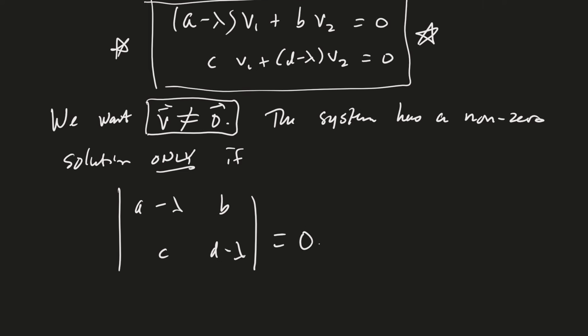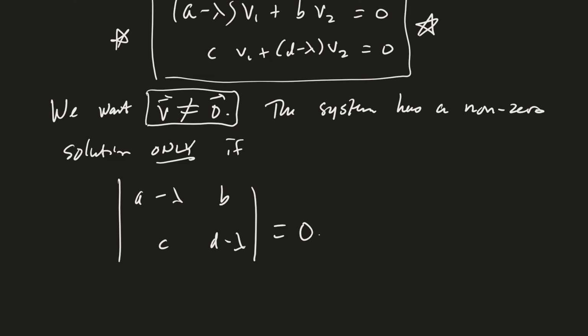Good. In that case, the system does have a solution, and notice when you plug that solution into the system, that's an infinite number of solutions, right? So that means that these two equations are the same line, and so therefore we can write down the vector v just as we did in the last video.